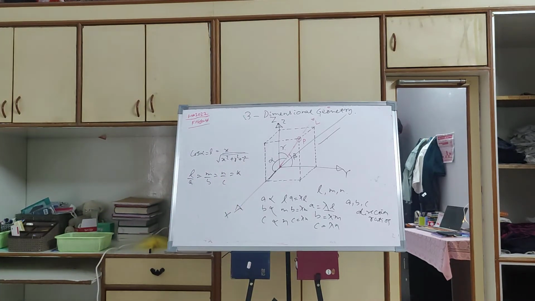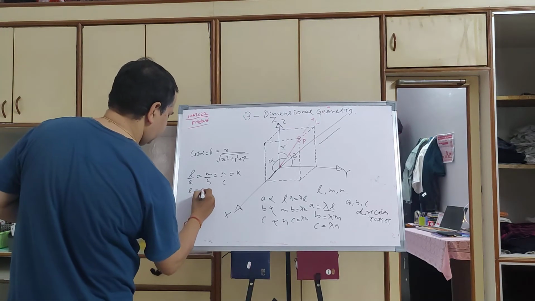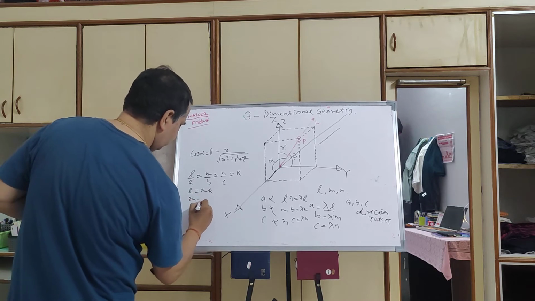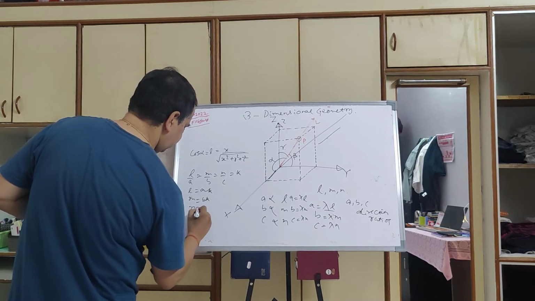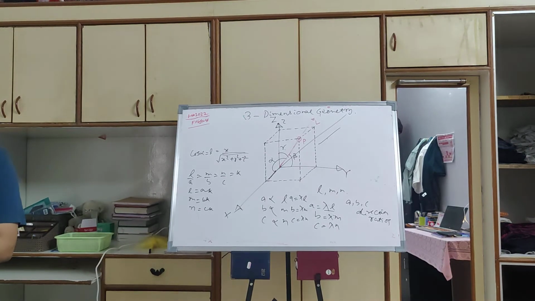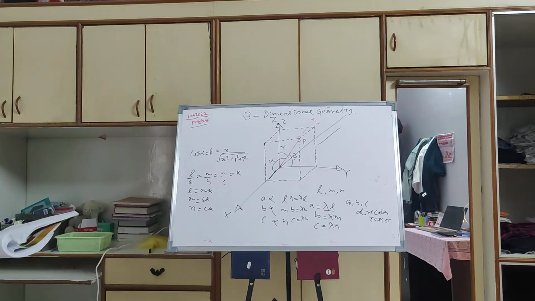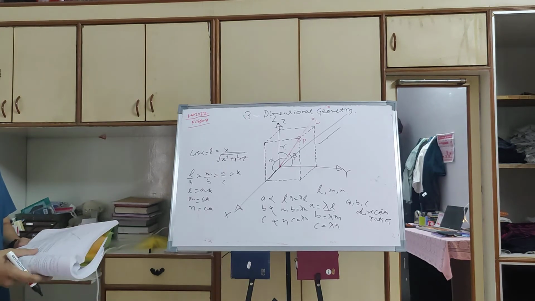If that is the case, L will be equal to AK, M will be equal to BK, N will be equal to CK. Then we know L square plus M square plus N square is equal to 1. That is well known, we did that last chapter.